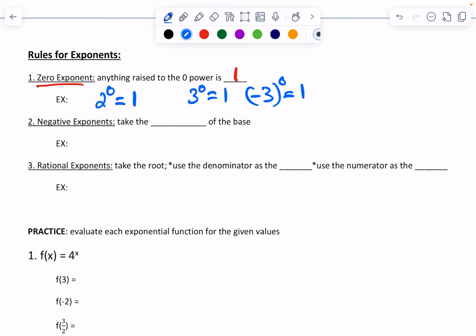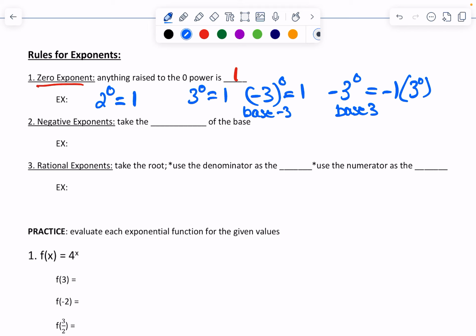Let's look at one example where the expression is negative 3 to the power of 0. Notice that here the base is negative 3, and here our base is 3. So what this means is that this is negative 1 times 3 to the power of 0.